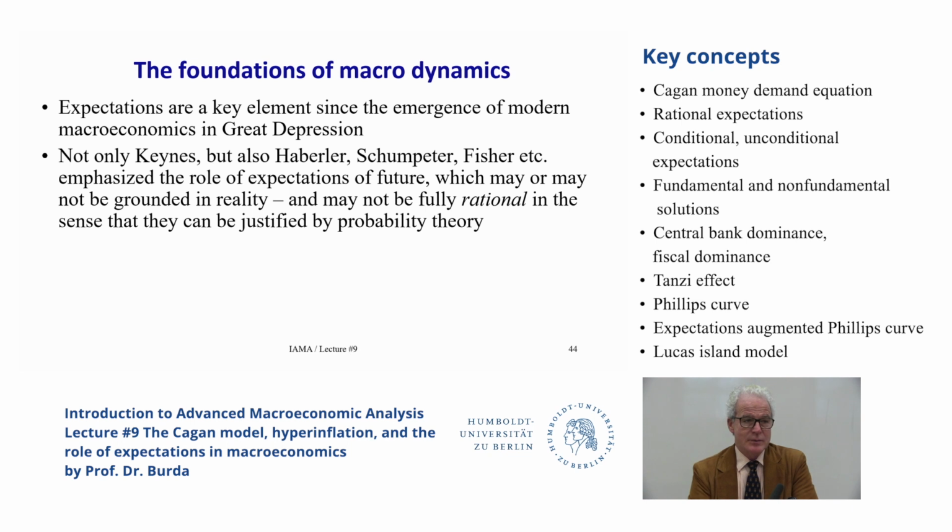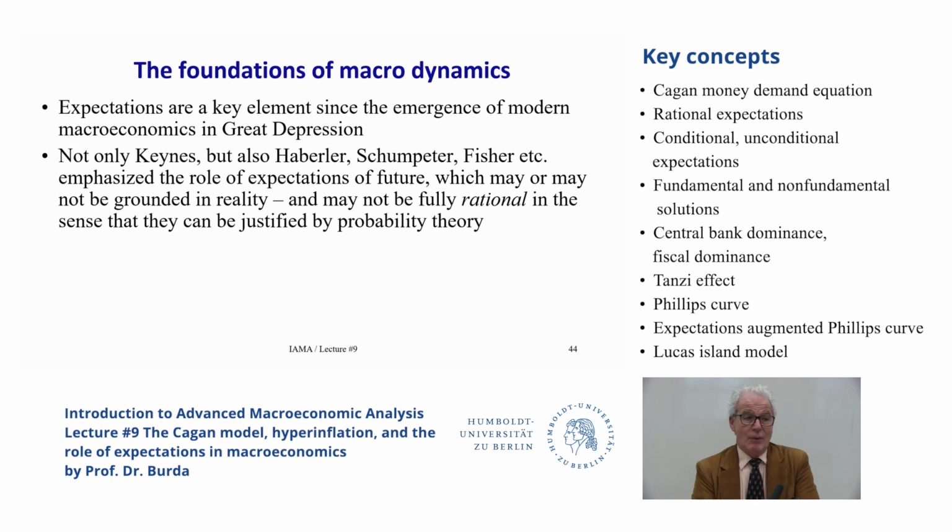Keynes emphasized this when he talked about animal spirits, the systematic collapse of investment because entrepreneurs get pessimistic about the future. Haberler, Schumpeter, Fisher, all these guys talked about the role of expectations in the future.